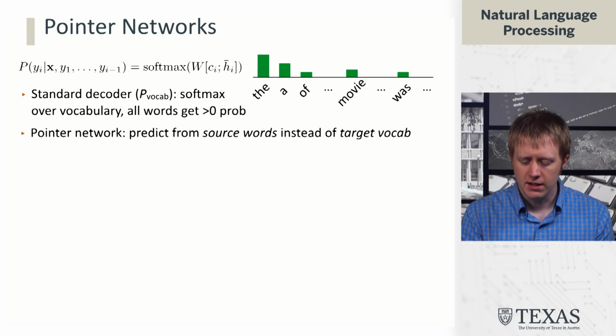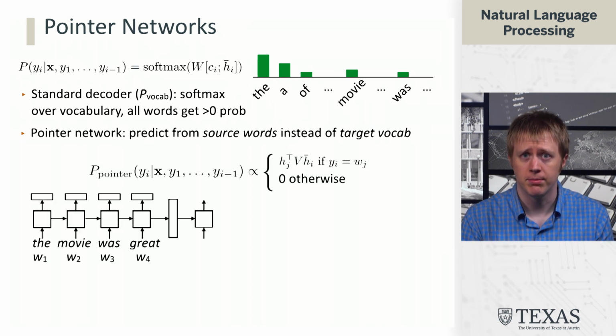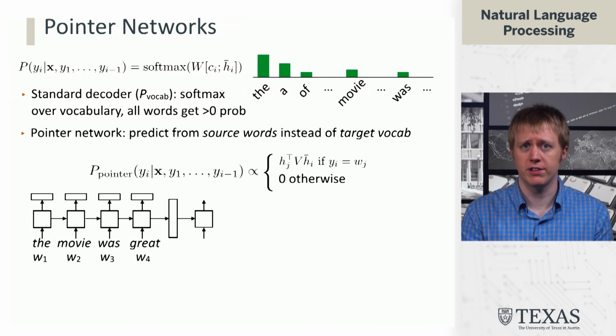The idea behind pointers is that they are going to predict based on the source words instead of the target vocabulary. The way that's going to work is the following. It's going to look similar to the attention mechanism that we've set up, but this attention pointer is actually going to govern what the output is.